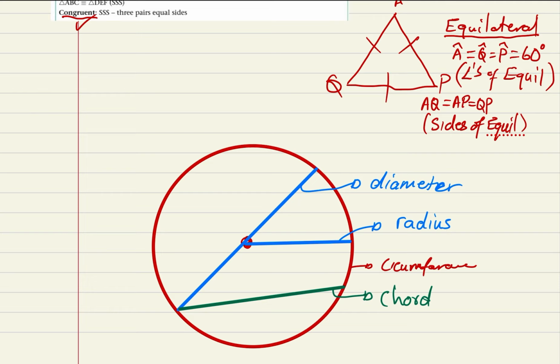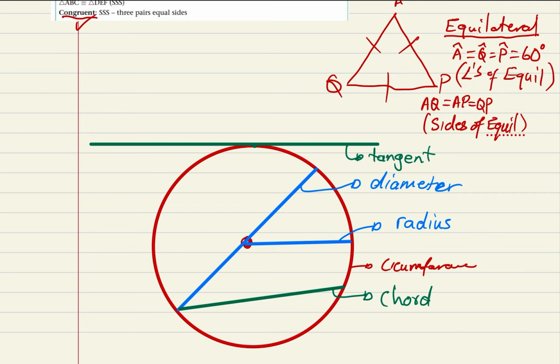Then we continue and have another line. This line is outside the circle but touches the circle at one point. This line is called a tangent. So these are types of lines you need to know before we deal with anything.